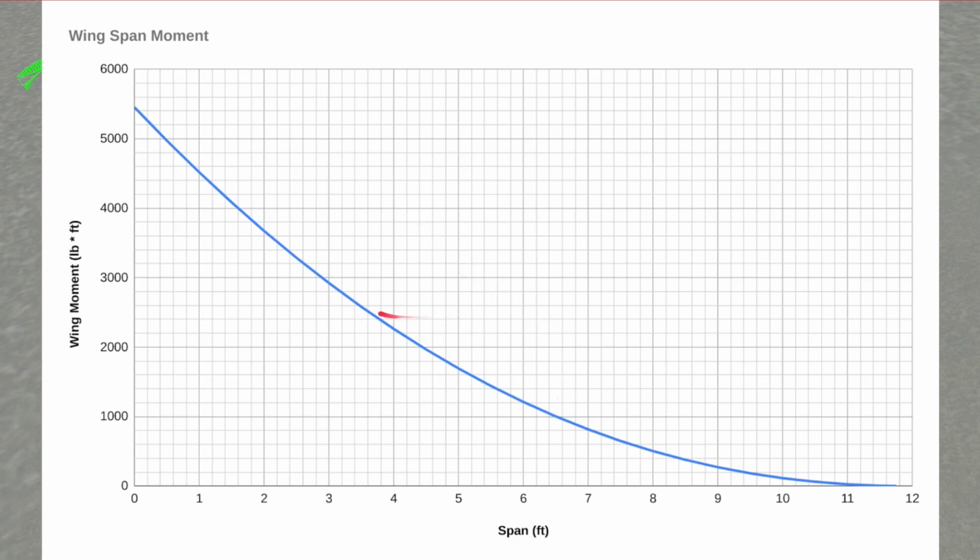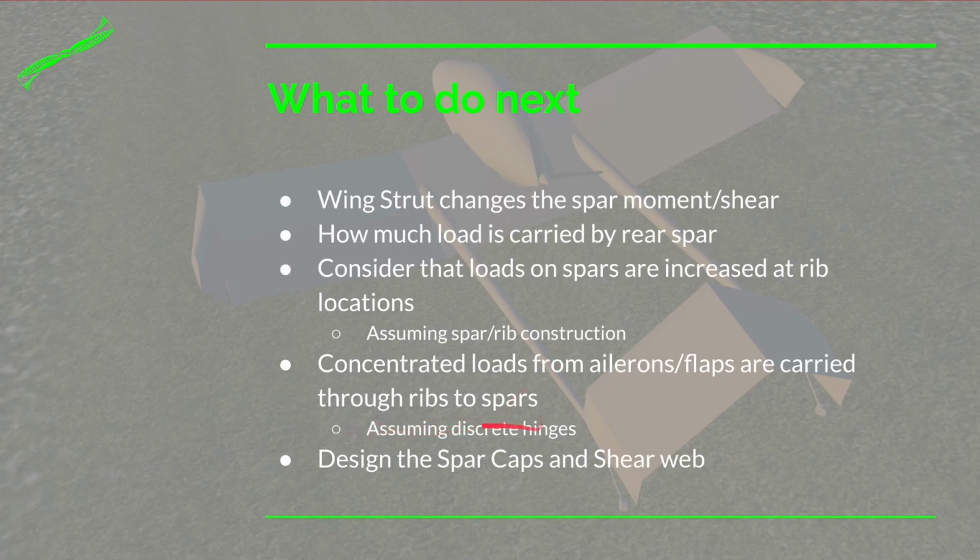Now, if you have hinges that are full span, in other words, a hinge starts at one end of your aileron or flap and goes continuously across, like with a piano hinge, then the load will be distributed okay. But if you have a hinge at one side of your aileron, another hinge at the other side, that's going to add point loads, which will make little jumps here in this distribution. And as I said here, that's assuming we have discrete hinges instead of continuous hinges.